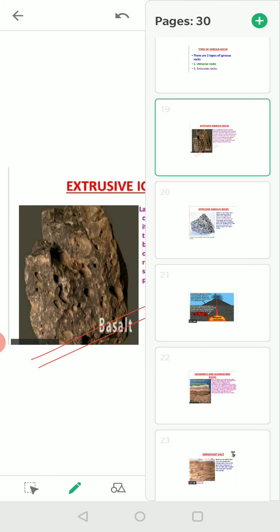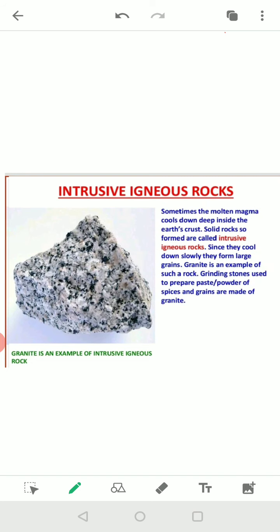Now the intrusive igneous rock. Sometimes the molten magma cools down deep inside the earth crust. Solid rocks formed this way are called intrusive igneous rock. Understand this: inside the earth crust, it is getting cooled down.